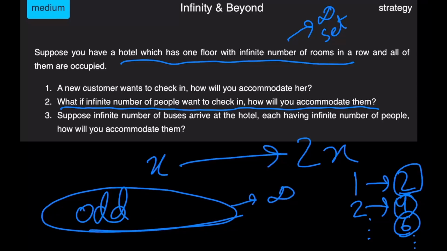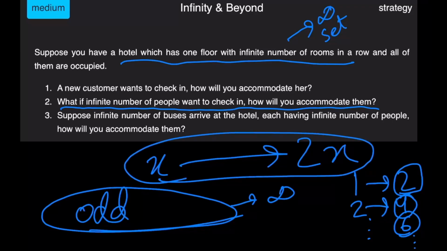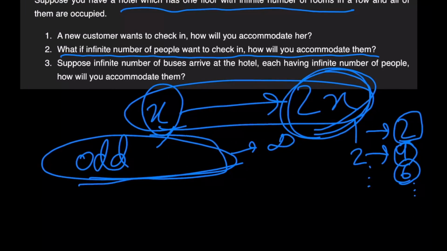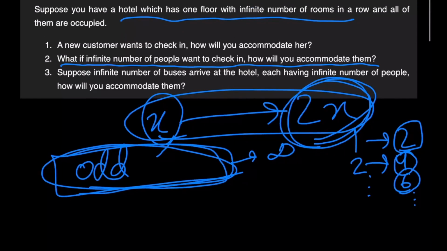So we managed to create a mapping of x to 2x where we started with an infinite set x, where x denotes each value within the initial set, and we mapped it to a new set 2x, and in doing so we created an infinite number of more rooms, so that each and every odd room would be vacant, and we could accommodate all of these infinite people in those odd rooms.